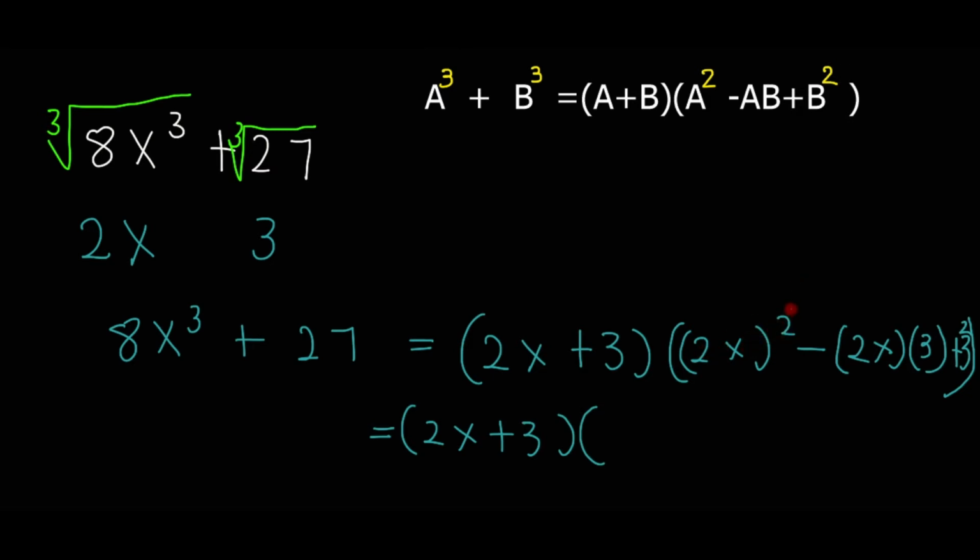We write this squared for the 2 and for the x, so 2 squared is 4, and then x squared we write x squared, and then minus 2x times 3 we write minus 6x, and then 3 squared is 9, and then this is our final answer.